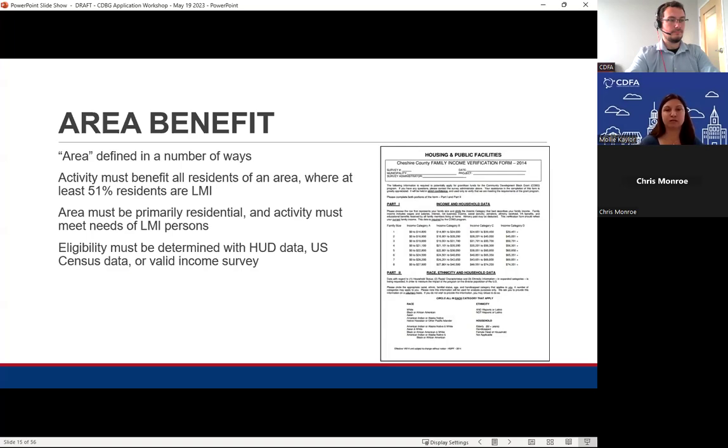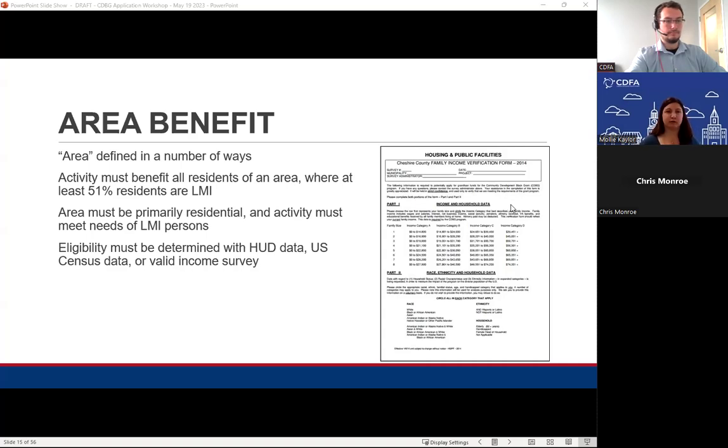We have much more information about this in our CDBG implementation guide, where we talk about the national objectives. So for all 4 categories that I'm talking about in these next few slides, if you want more detailed information, the best resource is our CDBG implementation guide, which will be one of the materials that we send to you as a follow-up to this presentation.